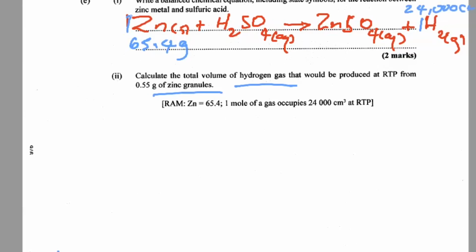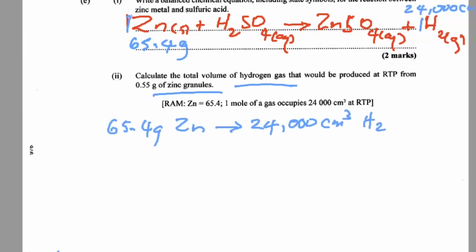So that is going to be our first statement, and we can just take that down. We'll say from the equation, 65.4 grams of Zn react to give us 24,000 cm cube of H2 gas at RTP.